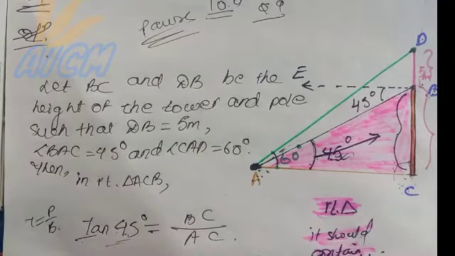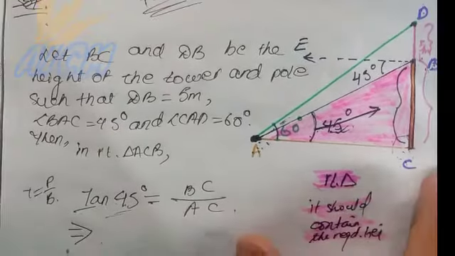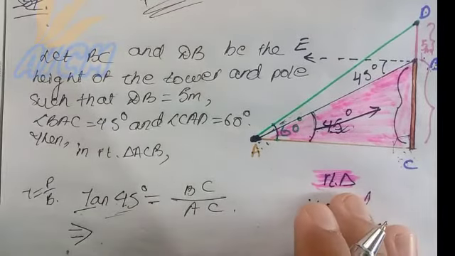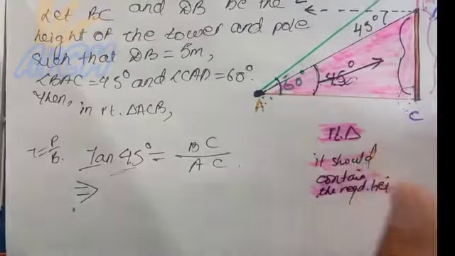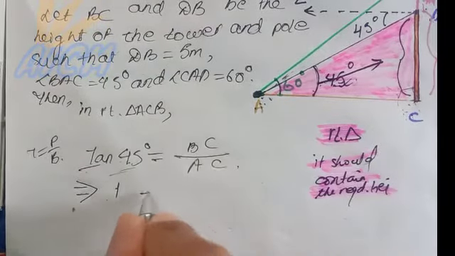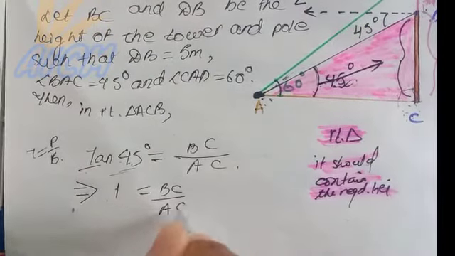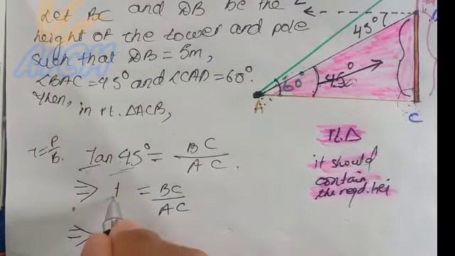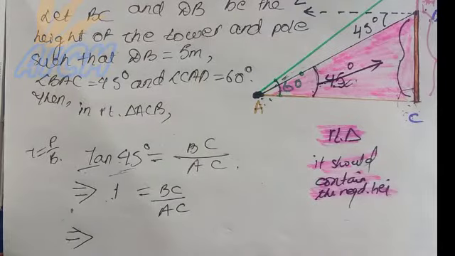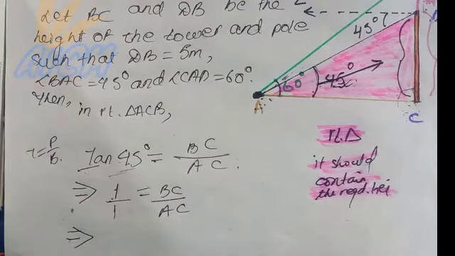Now let us proceed with the calculation. We need to find the value of tan 45 degrees. Tan 45 degrees is 1, and it equals BC by AC. One thing we always do: here this is 1, it doesn't have a denominator, so the denominator is 1.